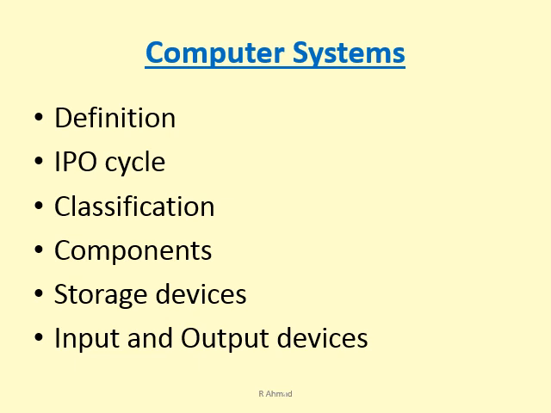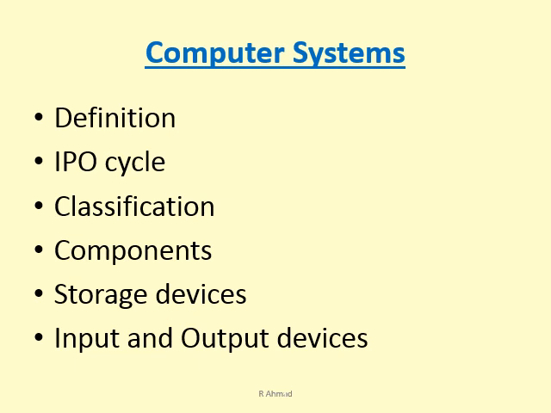How much data can be handled? And on the basis of this, we talked about the categories microcomputer, minicomputer, mainframe computer, and finally supercomputer. So this is the second type of classification.